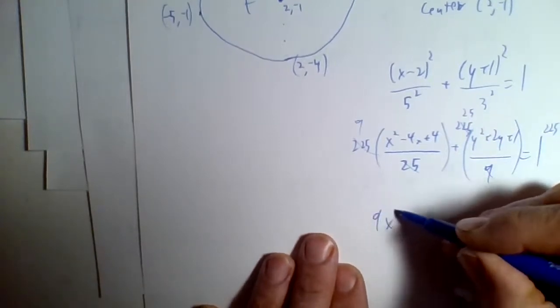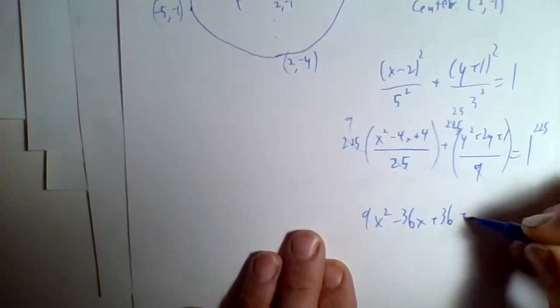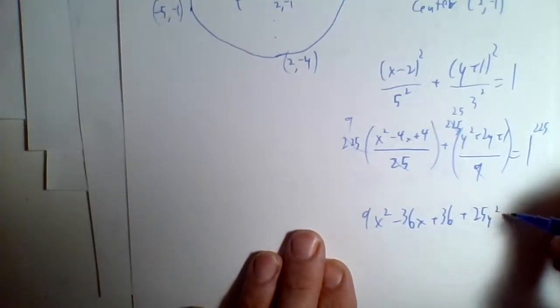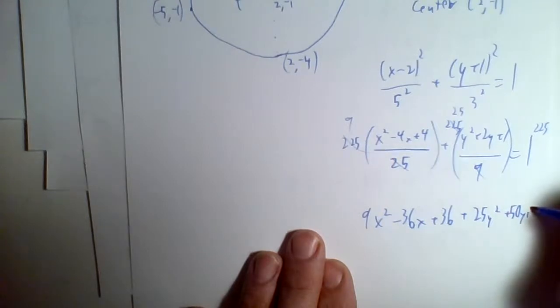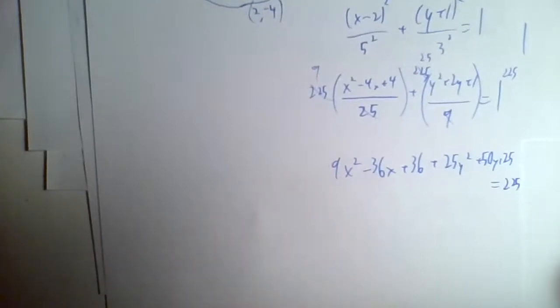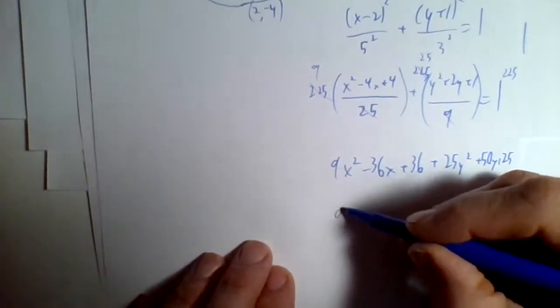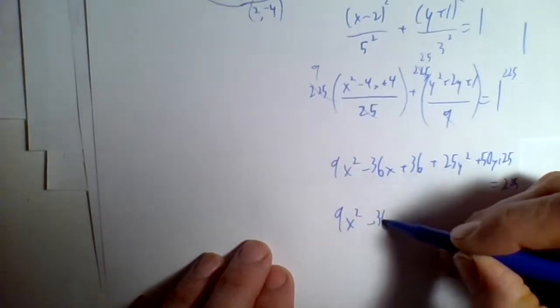I got 9x squared minus 36x plus 36 plus 25y squared plus 50y plus 25 equals 225. And I got some like terms now. I don't have a lot of like terms. I got x squared and x term, y squared and y term. All of the numbers are kind of like terms. So I might put all those together and it might look like this.